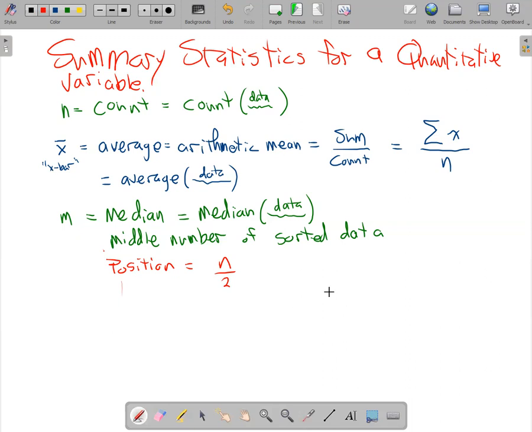And then one of two things is going to happen. Either this is going to be a decimal value, like if the sample size was 9, 9 divided by 2 is 4.5. So that means we grab the 5th number. So if it's a decimal value, you're going to round up to the next position.